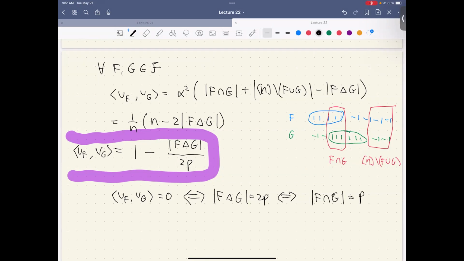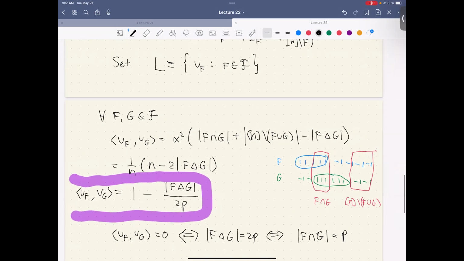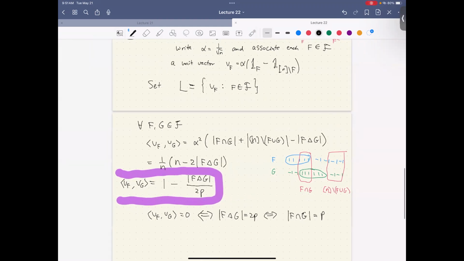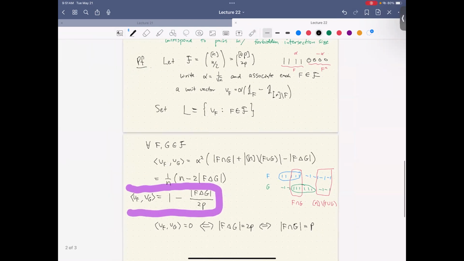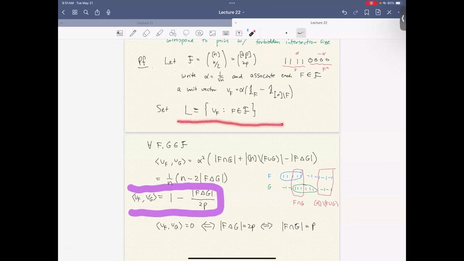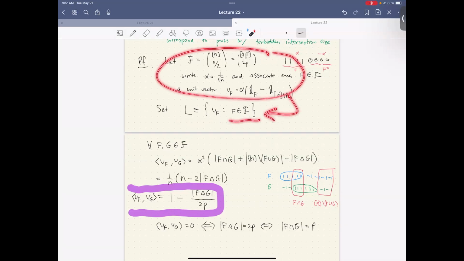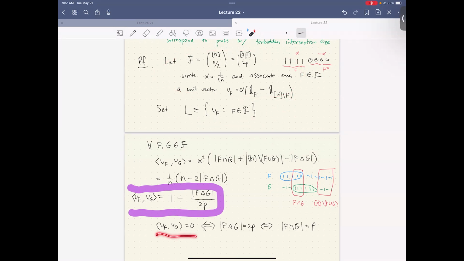Okay, good. So we achieved what we wanted to do. We found some discrete sets, which is precisely this one, and associated with it, this discrete set of vectors such that two vectors in this set are orthogonal if and only if they have this particular intersection size.